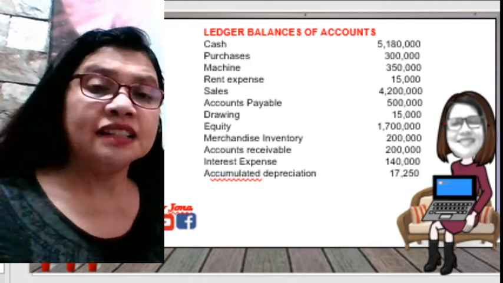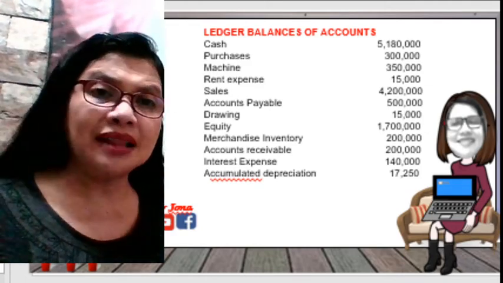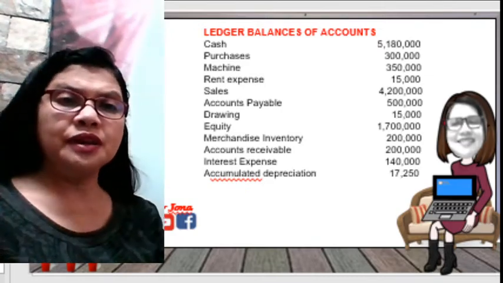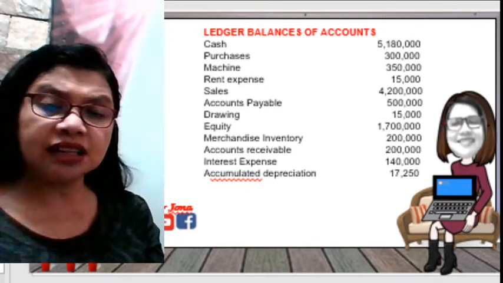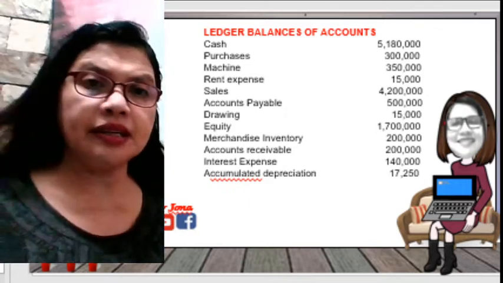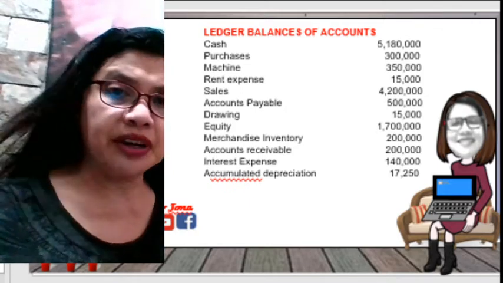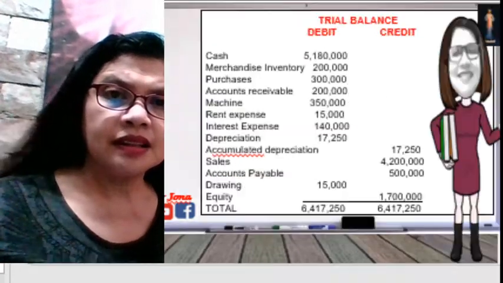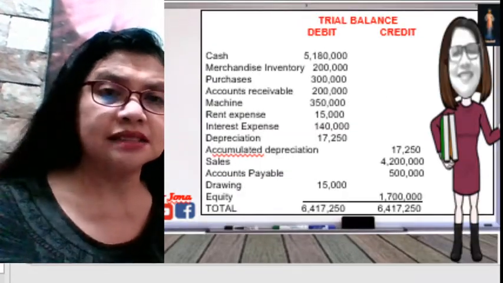Then we have to show the balances of all the accounts. From the ledger above, we discovered that cash has a debit balance of 5,180,000, and the rest were given in the problem. Now we have the trial balance.